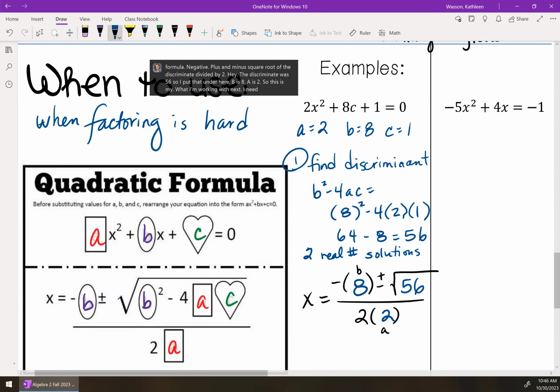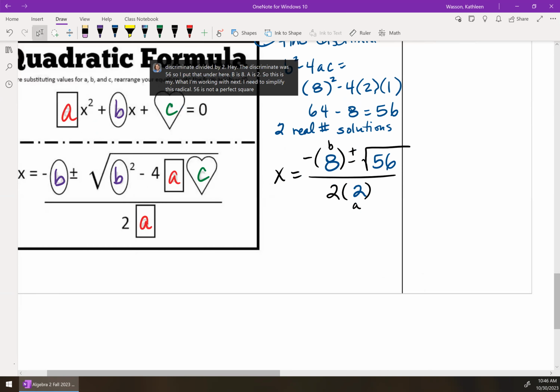I need to simplify this radical. 56 is not a perfect square. So I simplify the radical. I'm going to write it over here. Let's see. My factors are, I'm going to factor using my calculator. We just talked about how to do that.